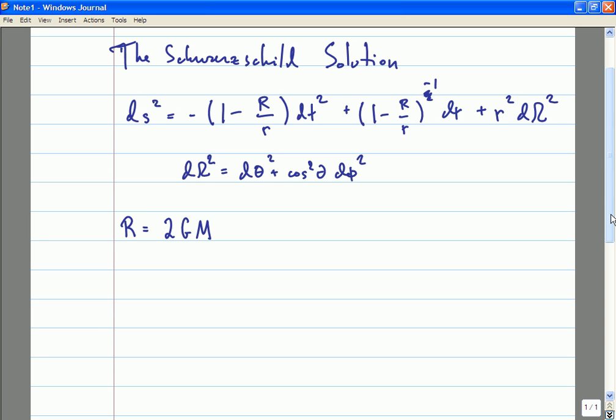Or, if we were interested in studying the effects of general relativity on satellites moving around the Earth, which is also an important subject, then we would work in the approximation where the Earth is a static spherically symmetric object. And we would use this metric to describe the satellites orbiting around the Earth as geodesics in this geometry.